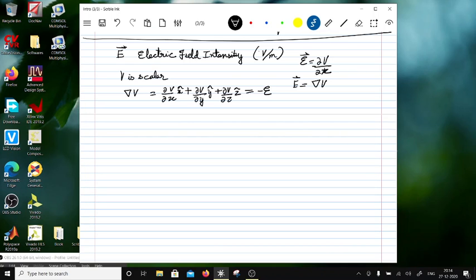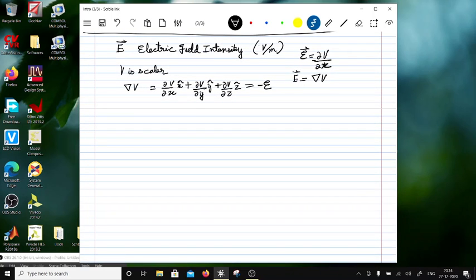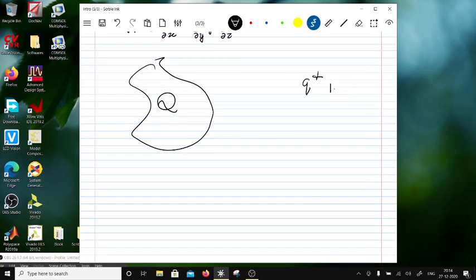You should know this relationship for electric field intensity, and for that I have to define what a potential is. For example, let's consider a charge capital Q. This is some positive charge measured in coulombs, and then I take a unit positive test charge, with a charge of an electron, 1.602 into 10 raised to minus 19 coulombs.